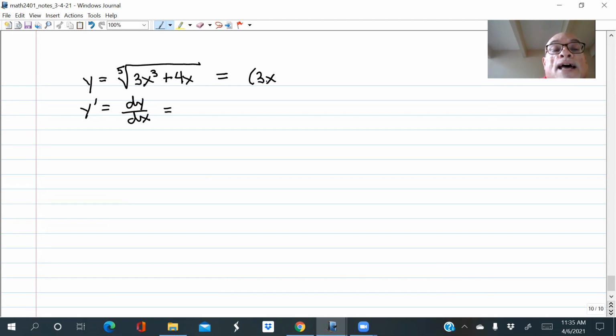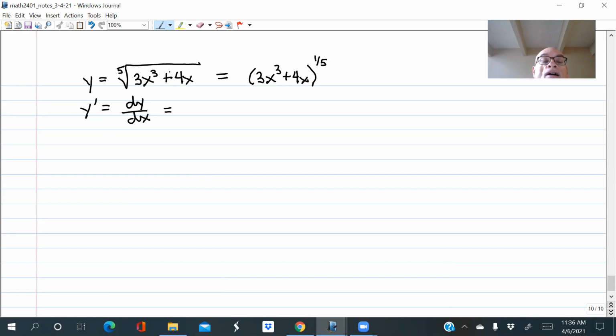So I'm going to write this as 3x cubed plus 4x to a power, and since this is a fifth root, this would be the 1/5 power. That's very important, especially on the test. Be sure that you convert your radicals back to fractional exponents, because you really can't apply any of our differentiation rules with radicals.